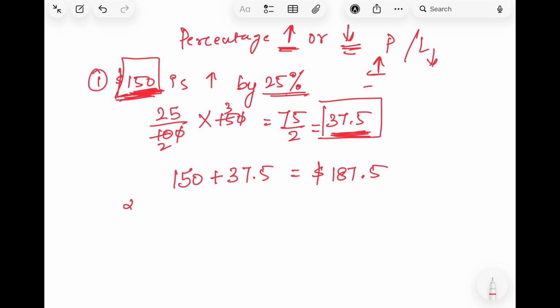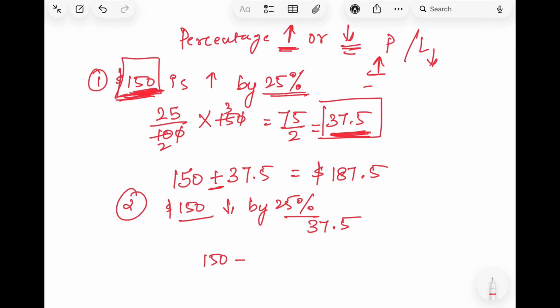If again they tell us $150 is to be decreased by 25%, then 25% of 150 is again 37.5, right? But this time, instead of addition, what will we do? Subtraction, because they are telling us the price or some number is being reduced. So 150 will be reduced by 37.5.